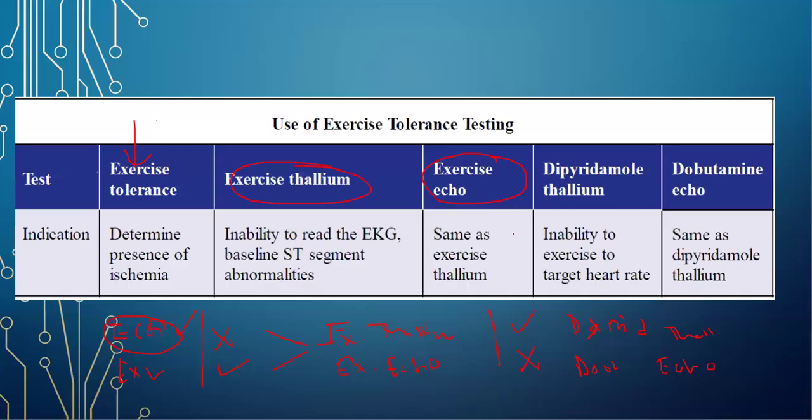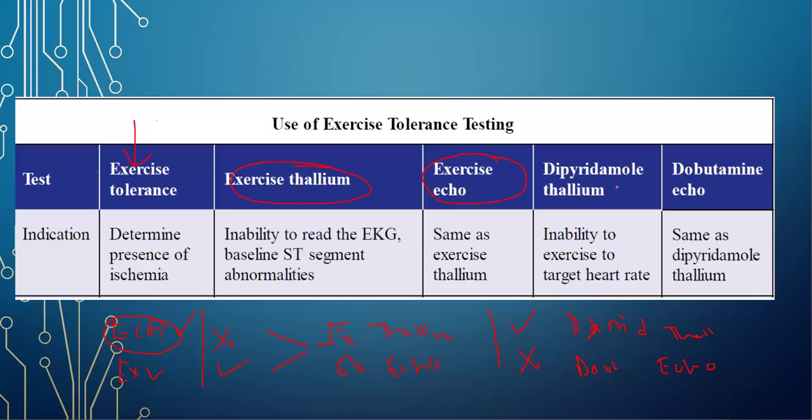Okay, so again, to recapitulate what we have discussed: if a patient has got stable angina features, and the patient does not have any baseline ECG abnormality and they can exercise, we will send the patient for a stress test. If a patient can exercise but there is a baseline ECG abnormality, then either we do the thallium isotope scan or we do an echocardiogram.